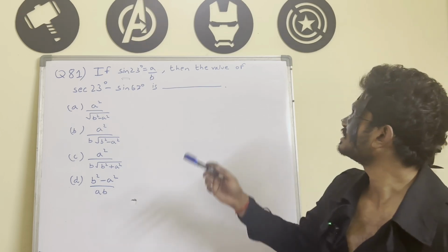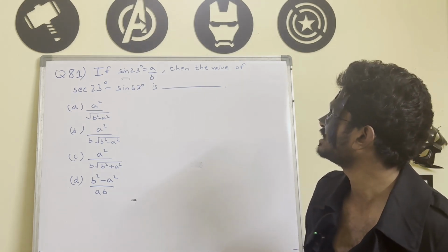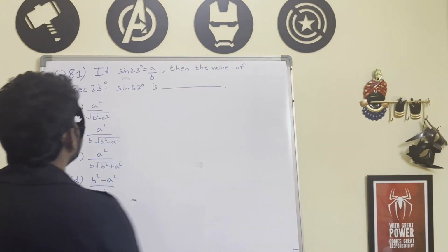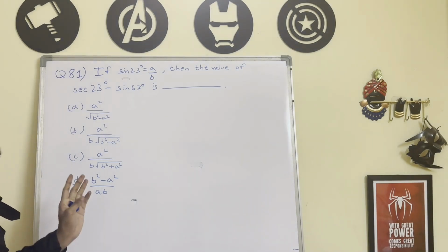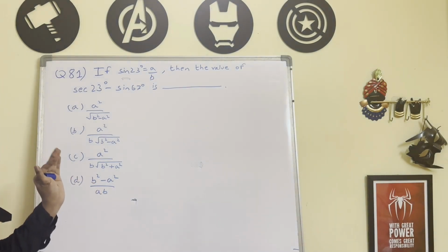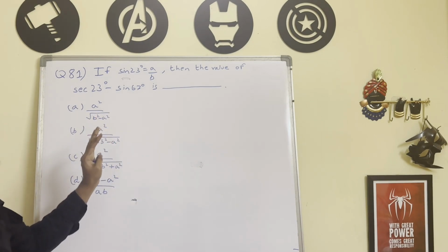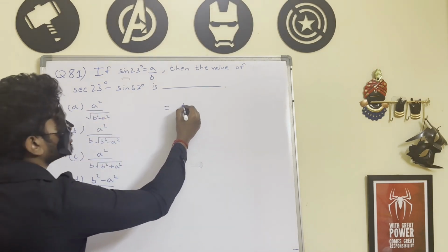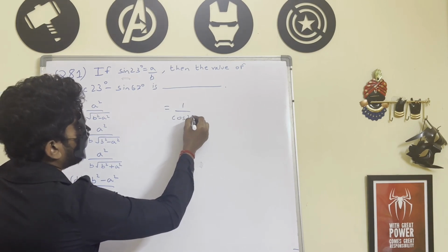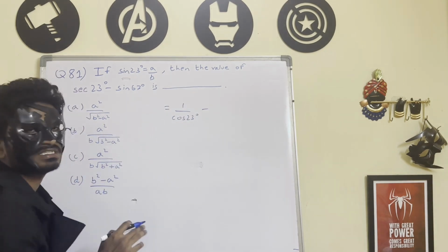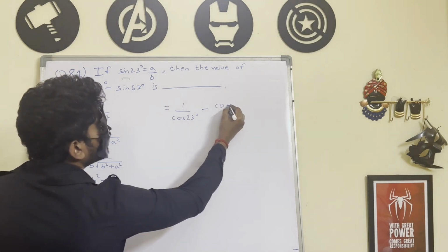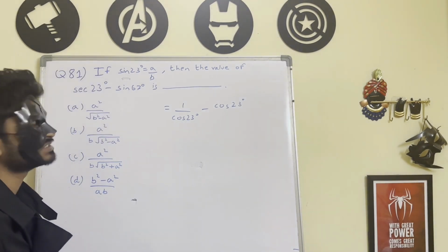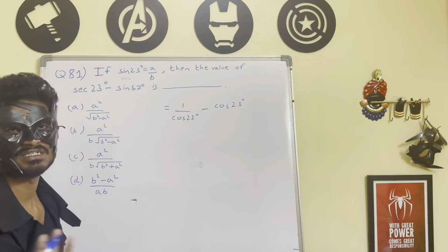So superhumans, next question is if sin 23 degrees is equal to A by B, then the value of secant 23 degrees minus sin 67 degrees is. So here since sin 23 degrees is given, I will convert everything. Instead of having 67, I will convert it into 23 degrees to make it easier. So secant 23 is nothing but 1 by cos 23 minus sin 67, which is nothing but cos 23 degrees, because sin 90 minus theta is equal to cos theta, or cos 90 minus theta is equal to sin theta.